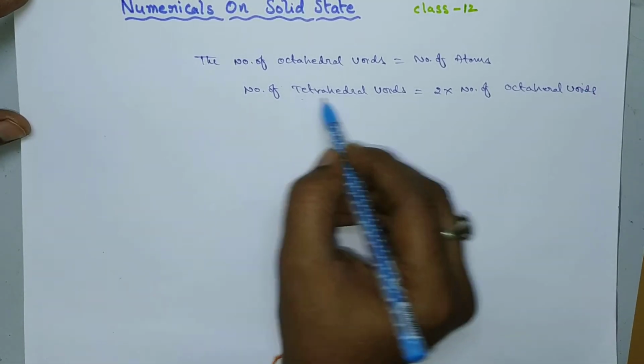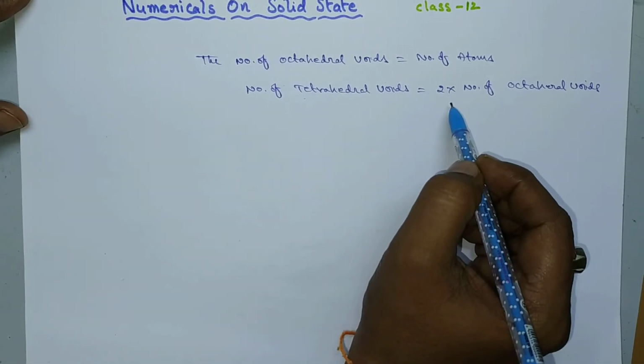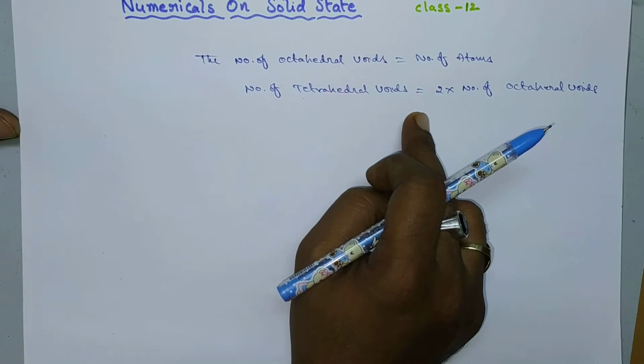So in order to get the tetrahedral voids, we have to multiply the number of octahedral voids by 2. Clear? By knowing these two points, you can solve any type of problem.